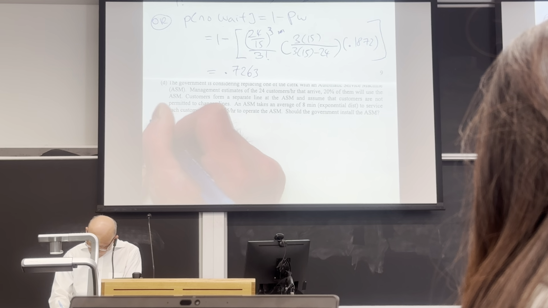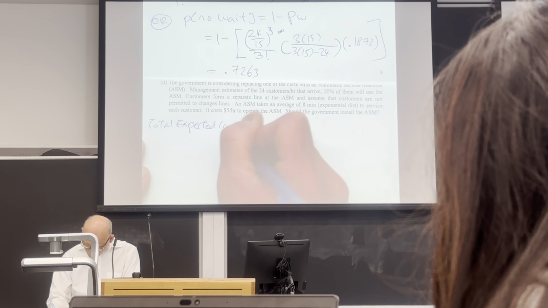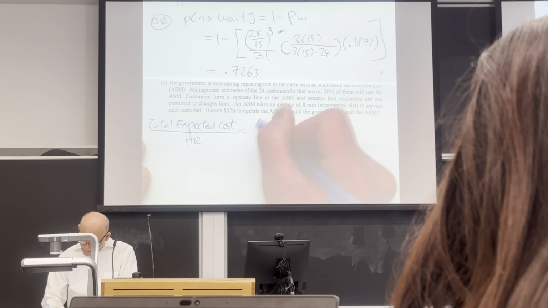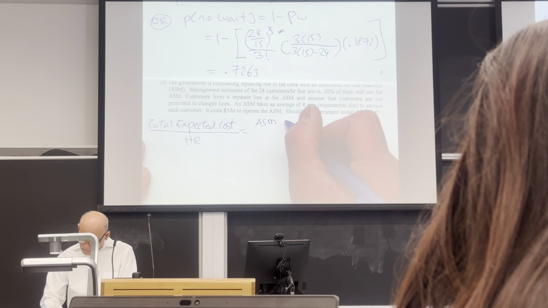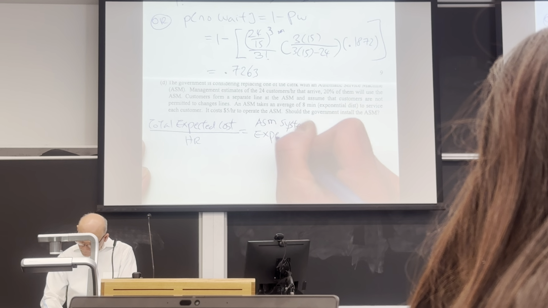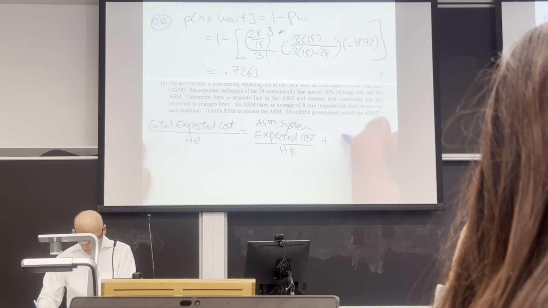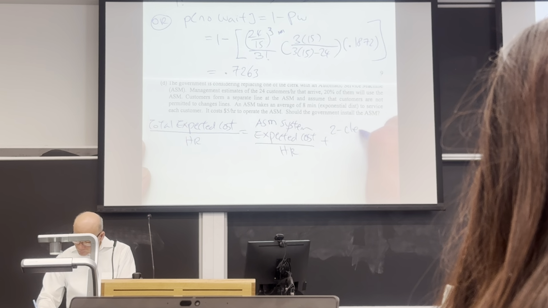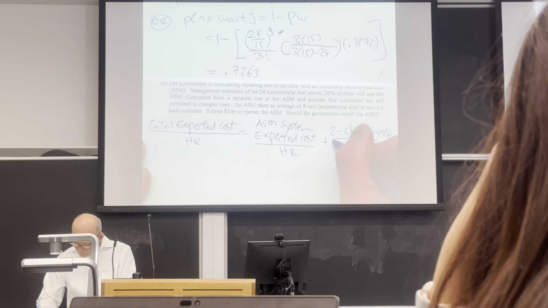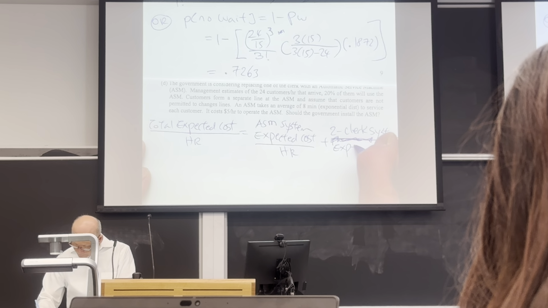Okay, so the total expected cost per hour consists of the ASM system expected cost per hour. And now you have to add the cost of running the 2-clerk system and not 3-clerk, expected cost per hour.